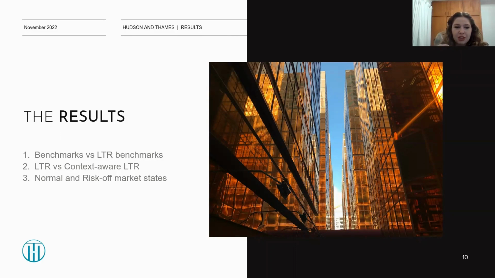For the second part, we'll look at the original learning to rank algorithms and compare them to their context-aware counterparts. For the very last part, we have the normal and the risk-off market states. They condition the data to account for these market states, and then we'll see if the context-aware models still outperform the rest.